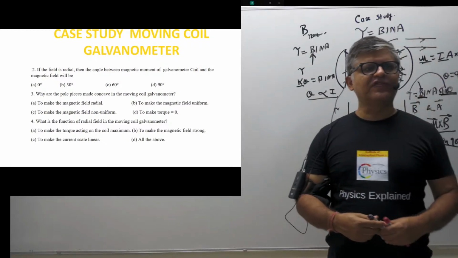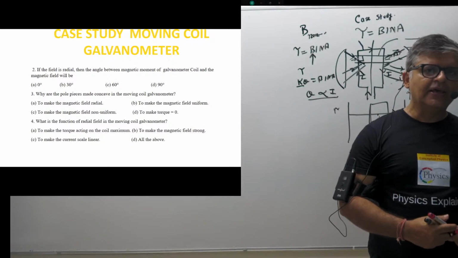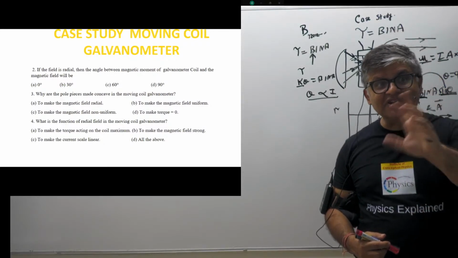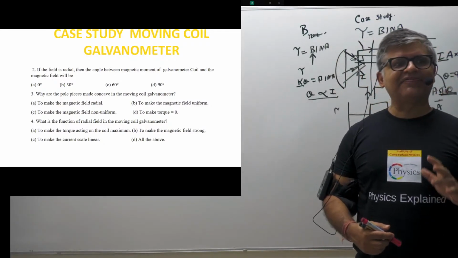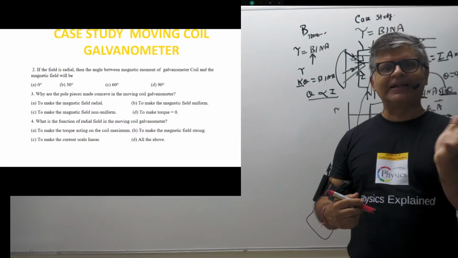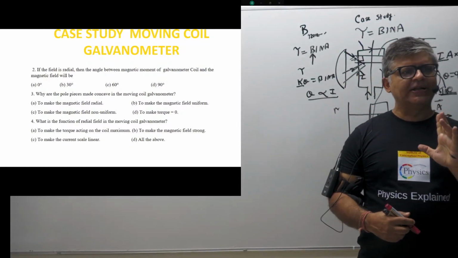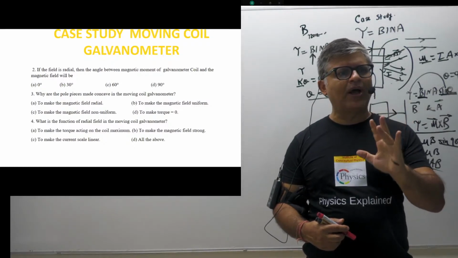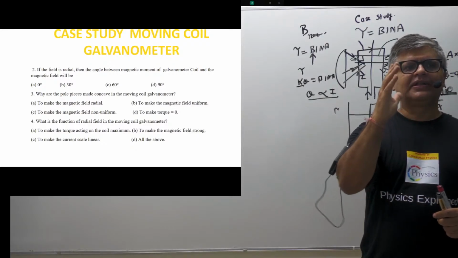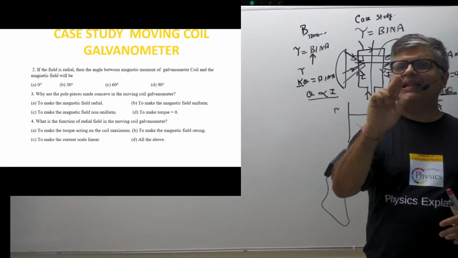4. What is the function of the radial field in the moving coil galvanometer? See, the radial field has a function. In the above question, we said the function of the radial field is to make the magnetic field uniform. It should appear identical everywhere. Now, choice B, to make the torque acting on the coil maximum. Yes, because if you have a magnetic field which is radial, the torque you get is not BINA sine theta.